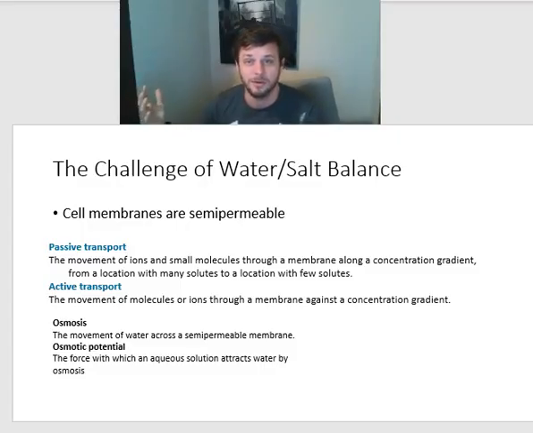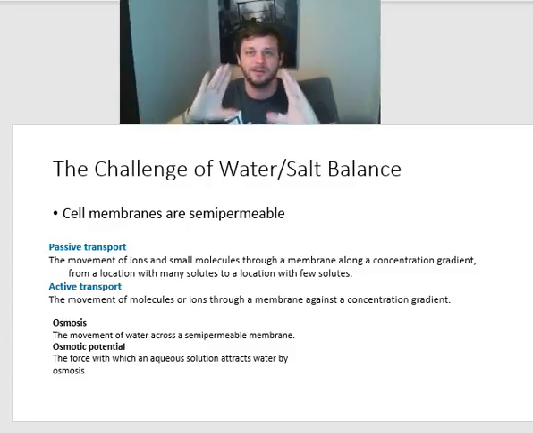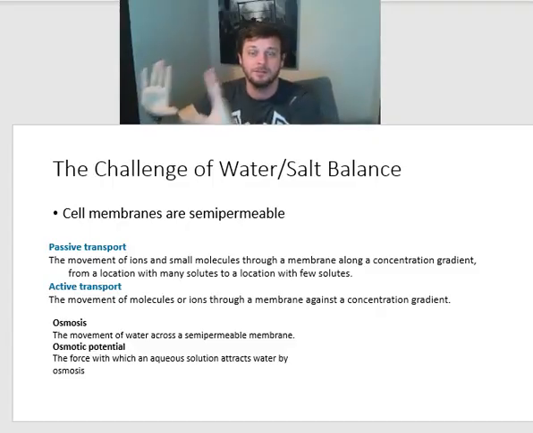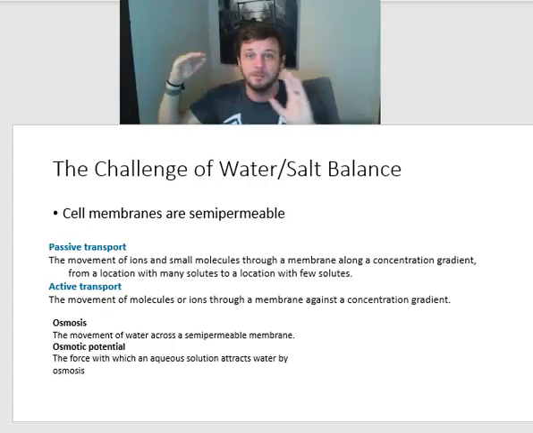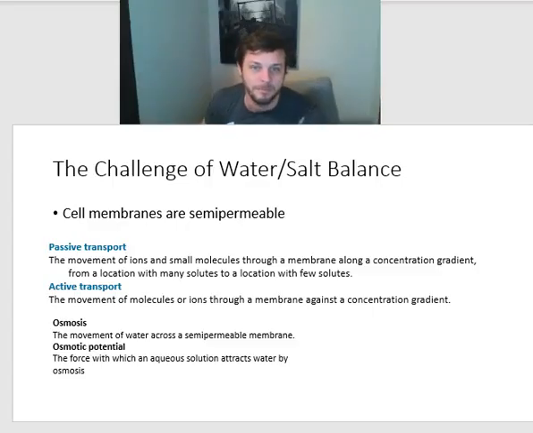It wants to go where there's a lot of particles to go party. And so if you have a salt solution that is 5% salt and a salt solution that is 10% salt, the water wants to move from that 5 to the 10. And so that's the osmotic potential, this force that is pulling that water to it.